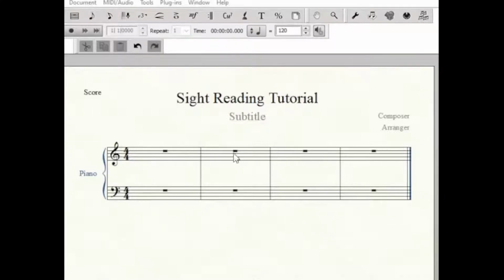So we have these lines, which is a staff, and we have another staff here. This staff is a G clef or treble clef, and this staff is a bass clef or an F clef.